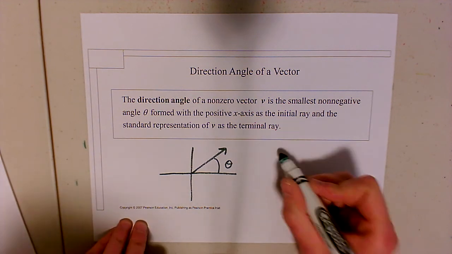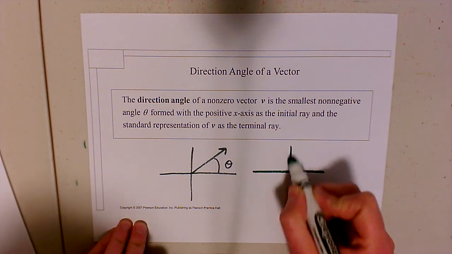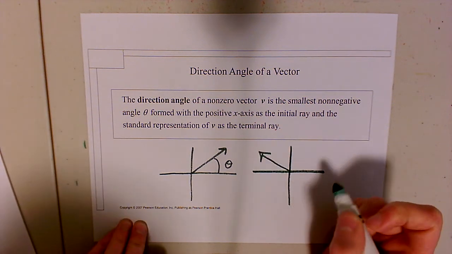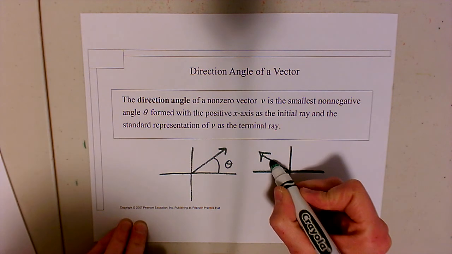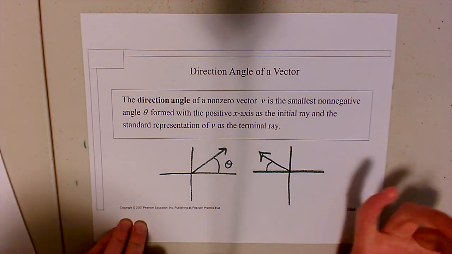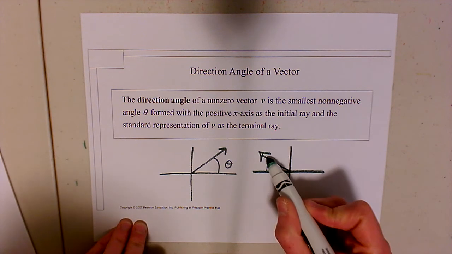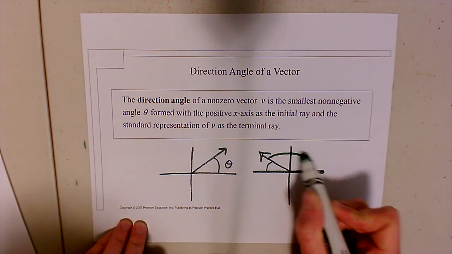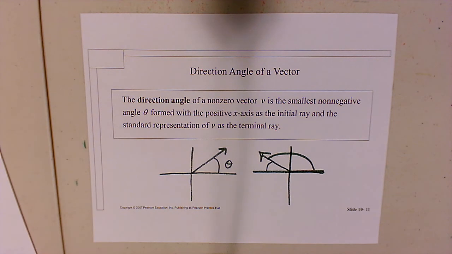Likewise, if we have the same thing over here, we could start from the negative x-axis, but that doesn't qualify for what we want. So we'll still start from the positive x-axis, and in this case you have an obtuse angle.